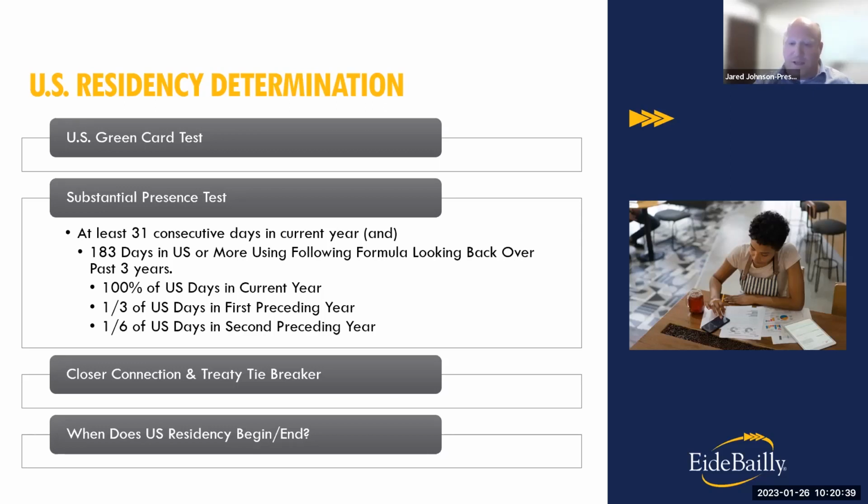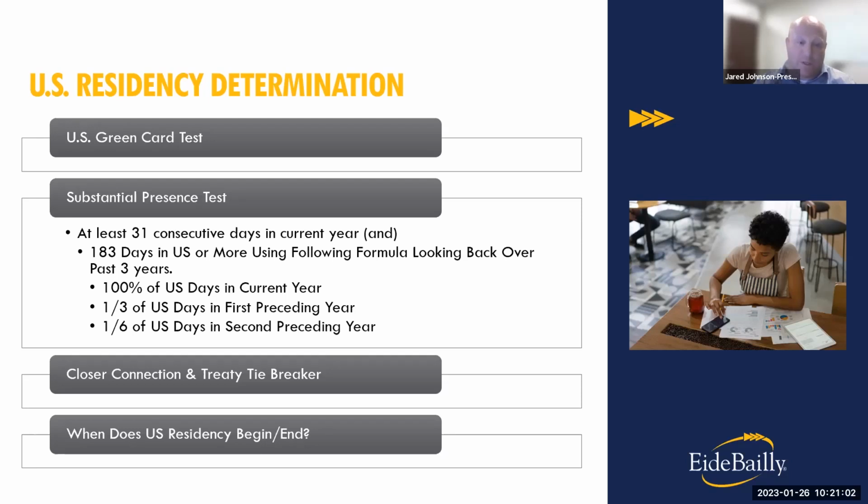And then you have 50 days in 2020. So using this formula here, that adds up to 201 days in the US. You've tripped it, you've been in the US for 183 days or more, and so you would be considered a resident of the United States.